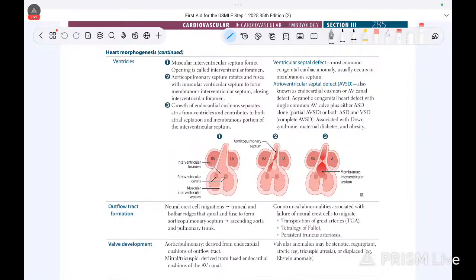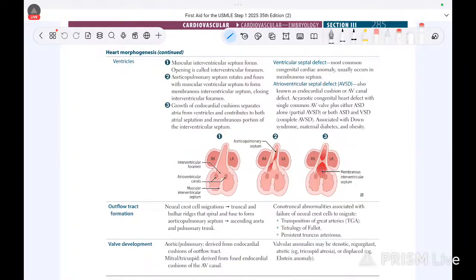Hence it contributes to both atrial separation and the membranous portion of the interventricular septum. This part, the membranous interventricular septum, is where ventricular septal defect, the most common congenital anomaly, occurs. This is the part most commonly responsible for ventricular septal defect.